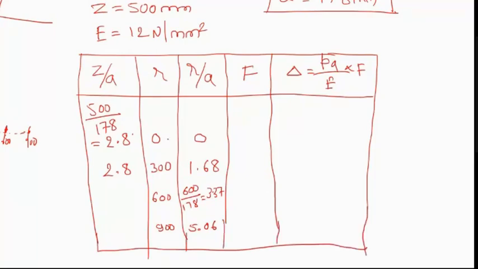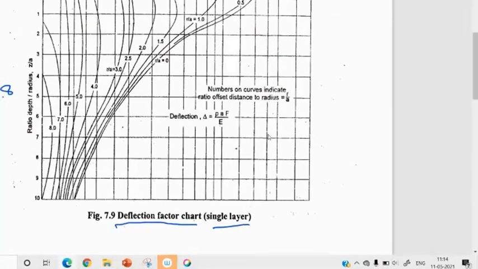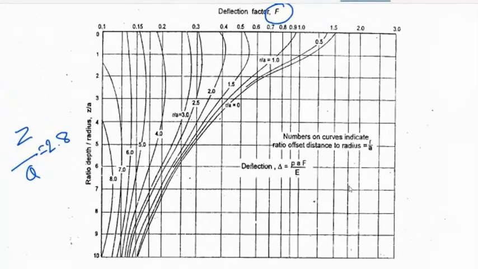So now when Z by A is 2.8 and R by A is equal to 0, what is our F value? For this we need to refer to the deflection chart. See, at 2.8, it is slightly lesser than 3. R by A is equal to 0, this curve, the first curve.